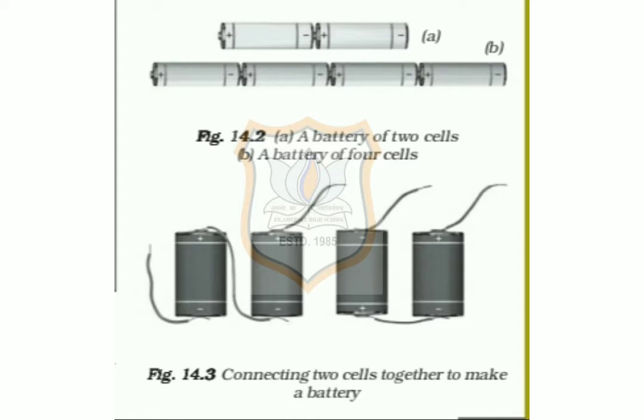Look carefully inside the battery compartment of any device. There is usually a thick wire or a metal strip connecting the positive terminal of one cell to the negative terminal of the next cell, like in figure 14.3. In order to help you to place the cells correctly in the battery compartment, positive and negative symbols are usually printed there.